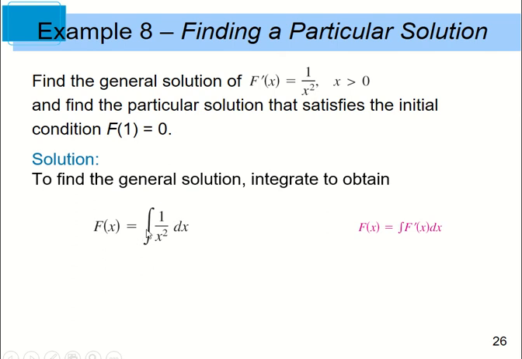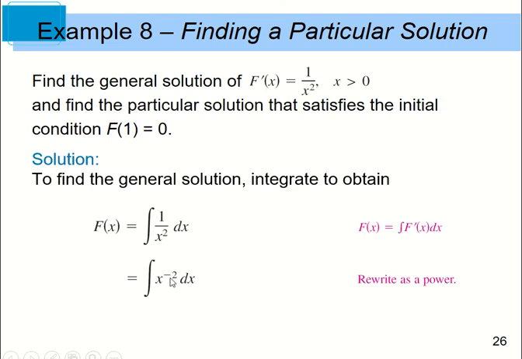To integrate 1 over x squared, we know after we integrate we will get f x, since this is f prime x. When we integrate f prime, we get back f x because they are the reverse of each other. Change this to a power, so we have x to the power of negative 2.